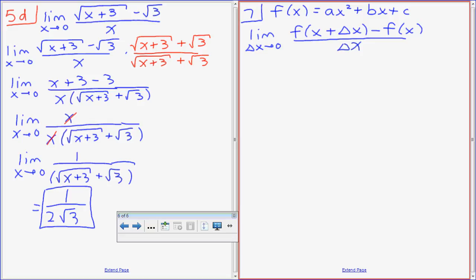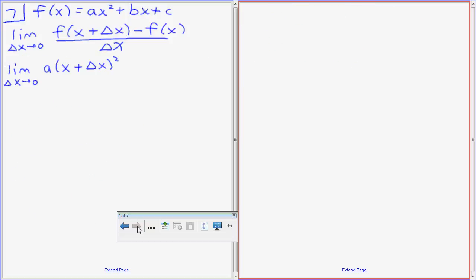Yeah, right? So what I'm going to do is I'm going to say limit delta x approaches 0, a times, and this is going to be a big one. Is everyone down the left forward because this is going to be a biggie. Plus b.